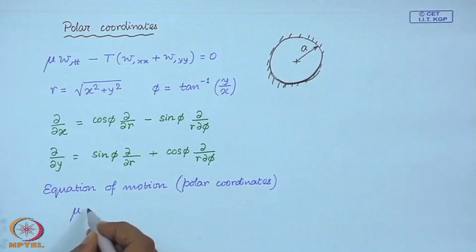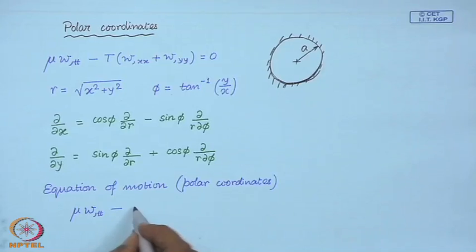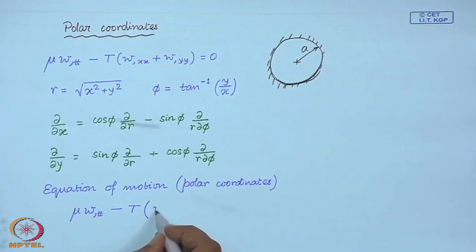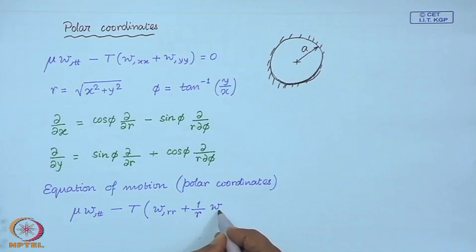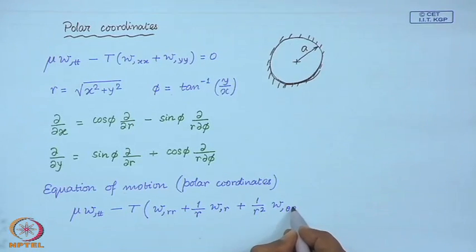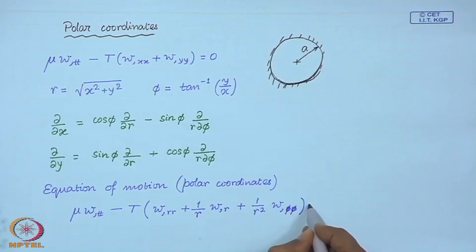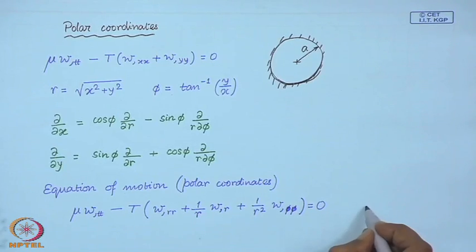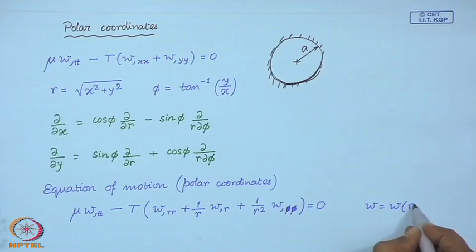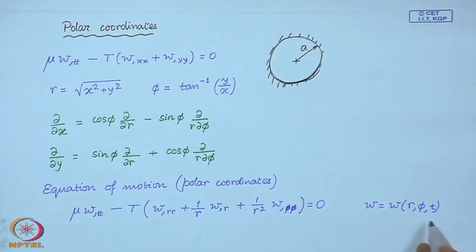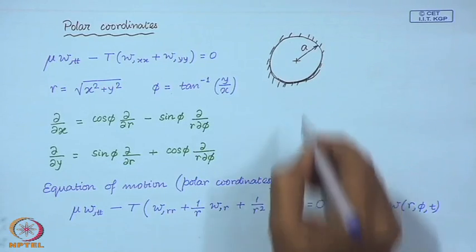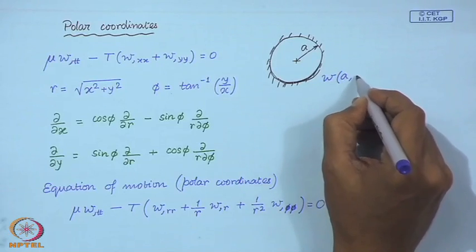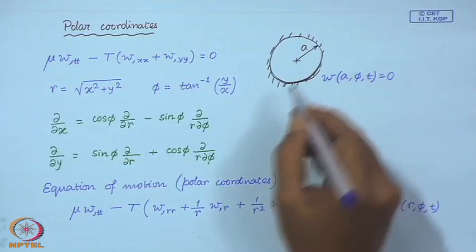This is obtained as, where now W, the field variable, is a function of r, phi and t, and for a fixed boundary we have, so the boundary condition is quite simple.